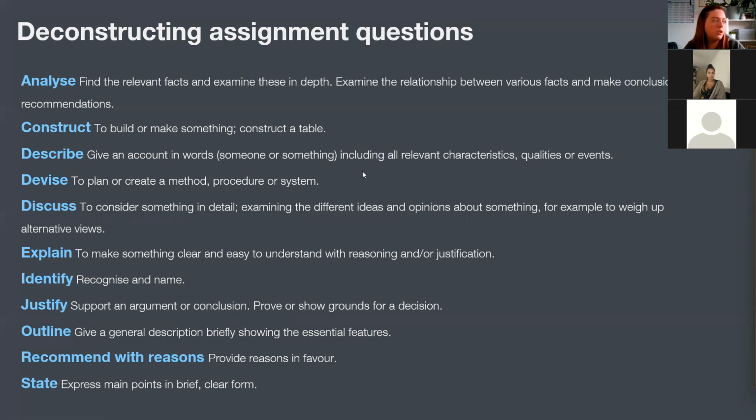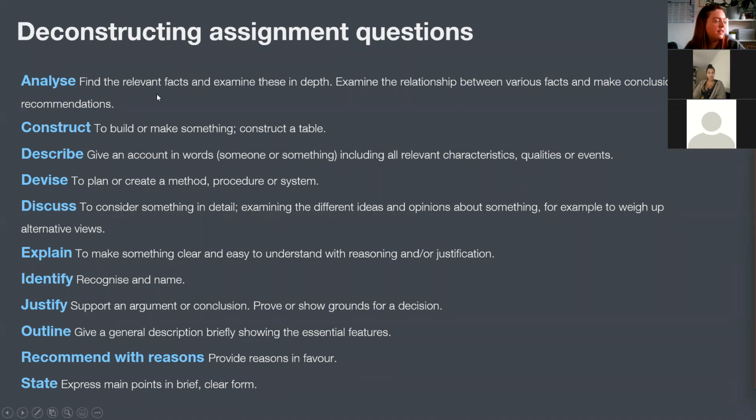So they really want you to look at alternative views here. Look at different viewpoints. Look at the finer details when they ask you to discuss something. Really get into the nitty-gritty of what it is that you're talking about.